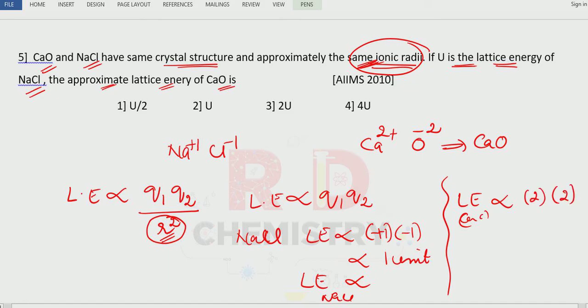We'll neglect the signs, plus or minus, and take only the magnitude. So directly proportional to 4. 1 unit is equal to lattice energy U, so 4 units are equal to 4U. So how many times is it? 4 times. So what is the option number? Fourth one is the answer. Clear?